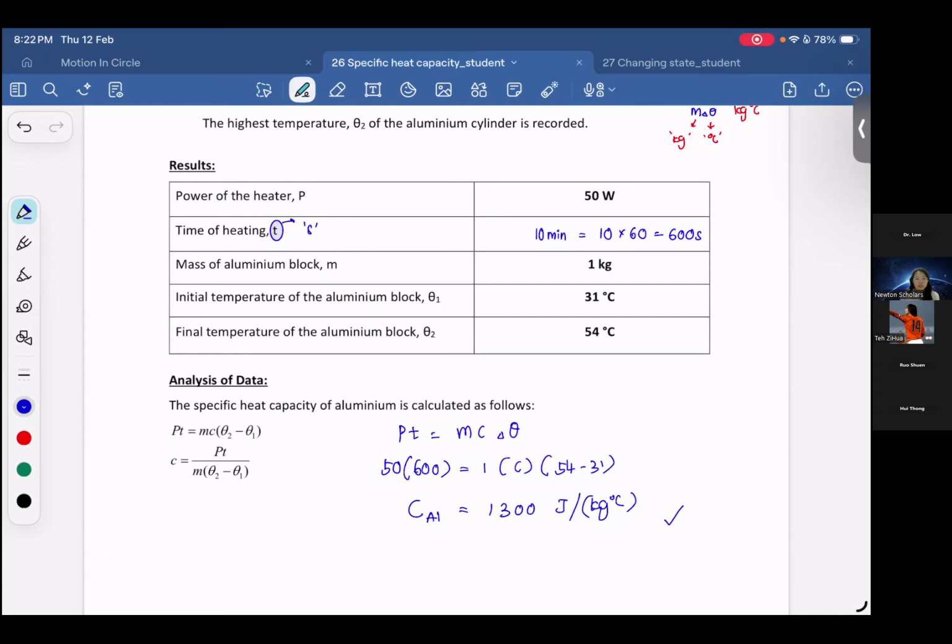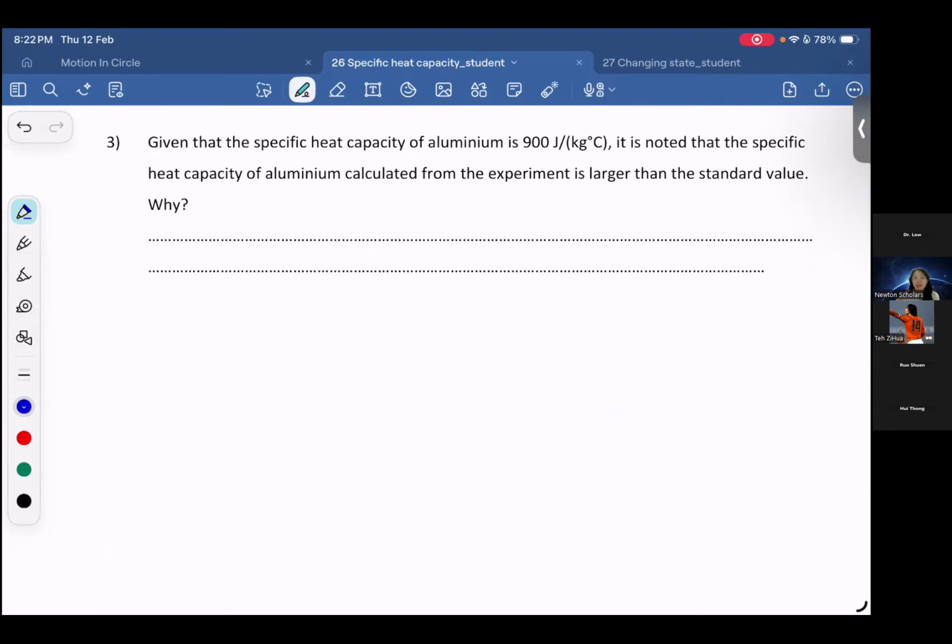Given that the specific heat capacity of aluminium is 900, but the specific heat capacity we calculated from the experiment is larger: from the experiment, we get 1,300 joule per kg per degree Celsius. It's larger. Why?